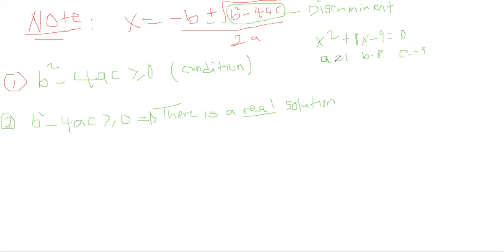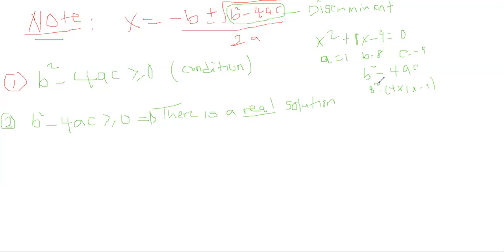So if you want to know whether this quadratic has a solution, you can just use this discriminant expression. The expression is B squared minus 4AC, and our B is 8, minus 4 times A, which is 1, times minus 9.